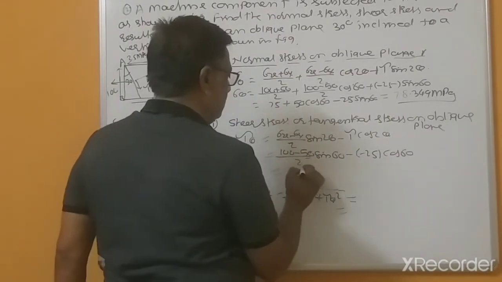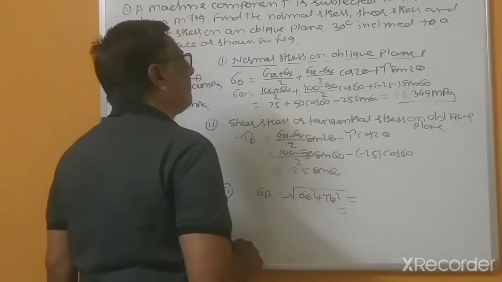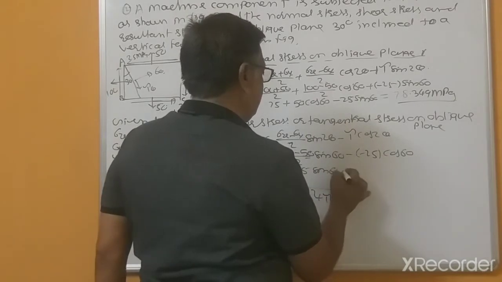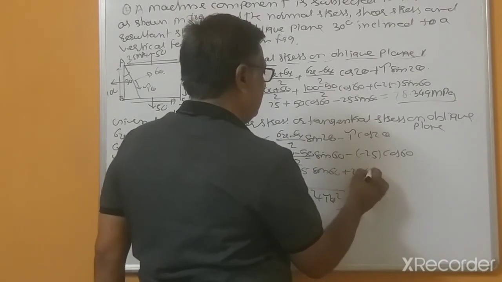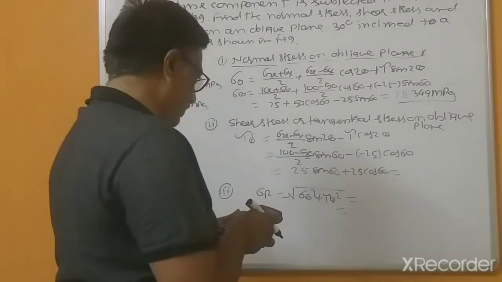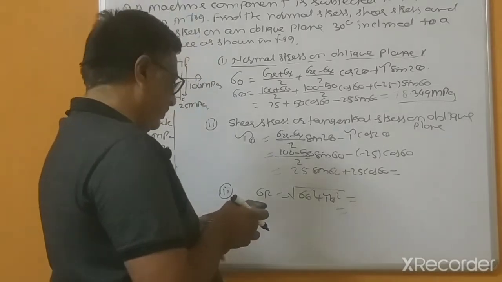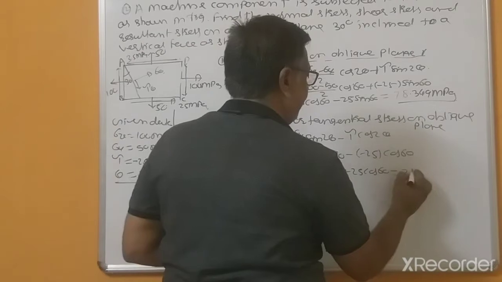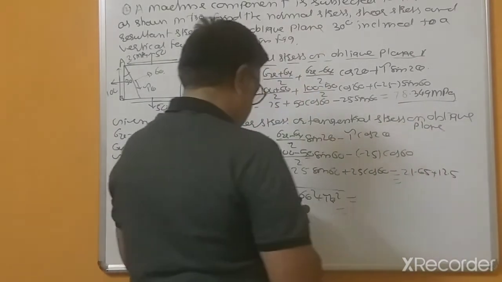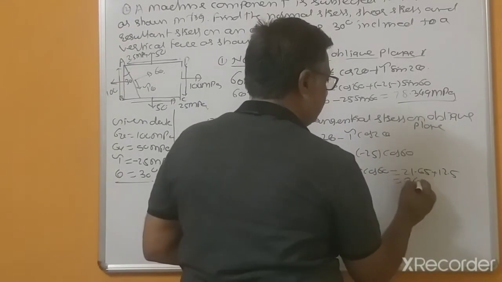This is 25 sin 60 plus 25 cos 60. So sin 60 part is 21.65 and this is 12.5, plus 12.5, gives 34.15.